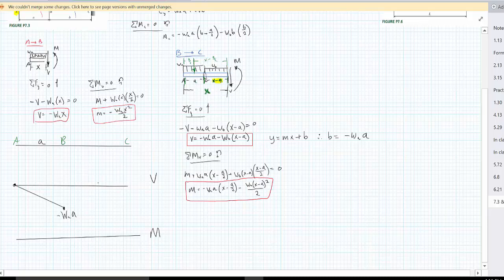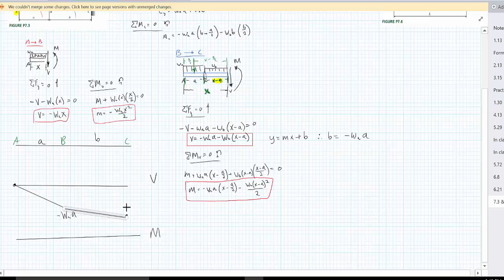But as x increases and gets to b, then b minus a is going to be our x value, the total value of this distance, which will be here. And again, this is a linear slope, so we can just draw a straight line.